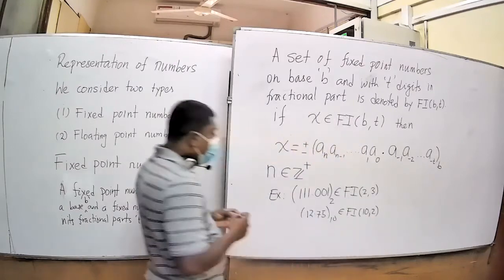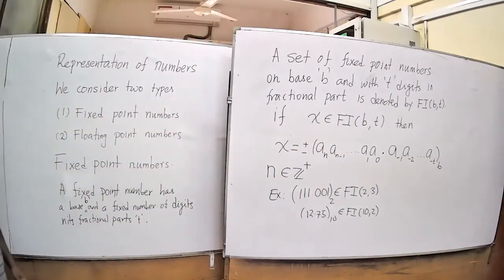Say for example, 111.001 is a fixed point number with base 2 and number of digits in the fractional part being 3. Similarly, 12.75 is a fixed point number with base 10 and t equal to 2.